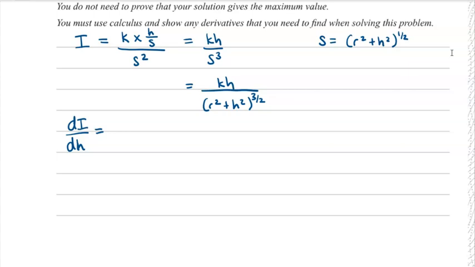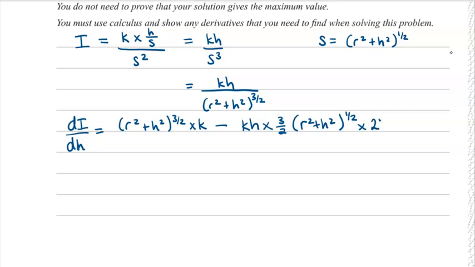So v times du, so the bottom times the derivative of the top, if we're differentiating with respect to h, minus u times dv, so the top with the bottom differentiated with respect to h will be 3 over 2, reduce the power, and then times by the derivative of the inside, 2h, all over the bottom squared, which will bring it to be a cubed instead of a 3 over 2.